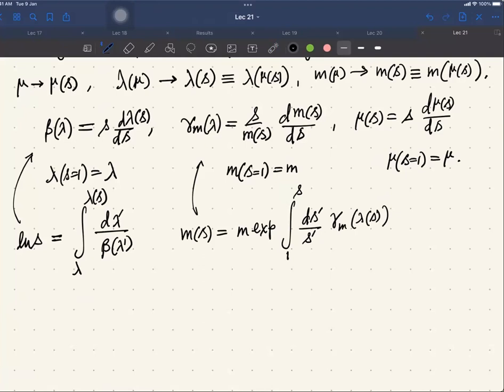So s is playing the role of mu, and s is dimensionless, right?